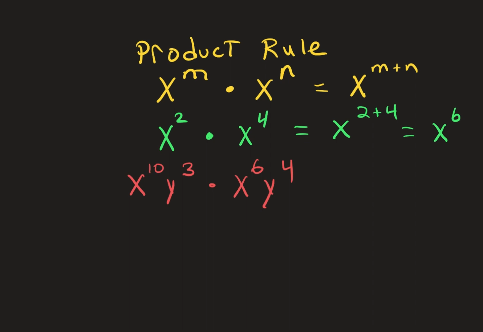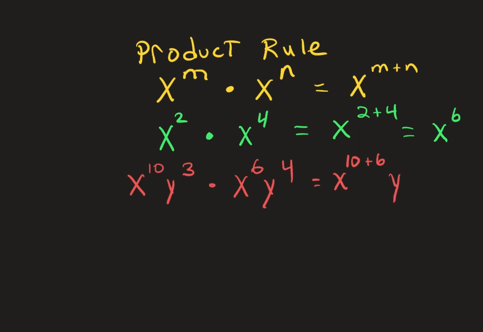You are taking the common ones and adding them together. So for our x values, we've got 10 in the first term and 6 in the second term. So that's going to give us 10 plus 6.